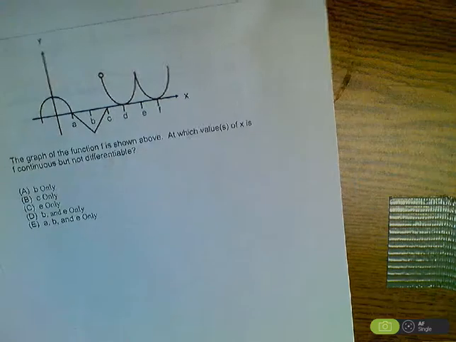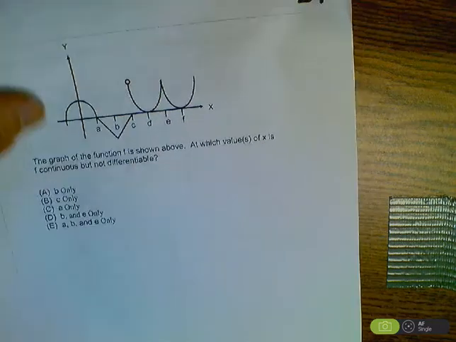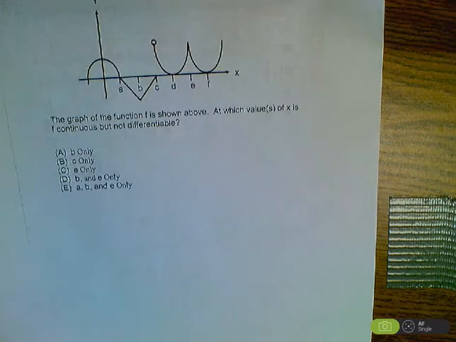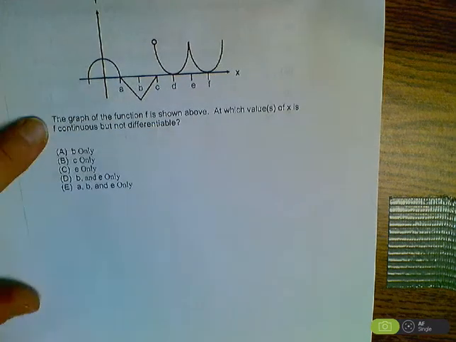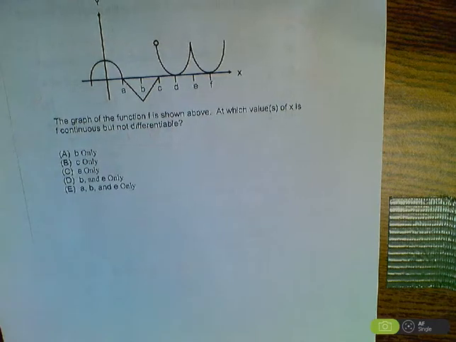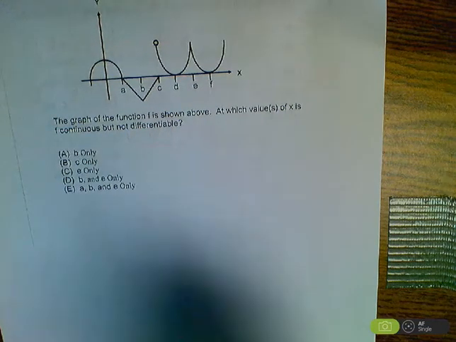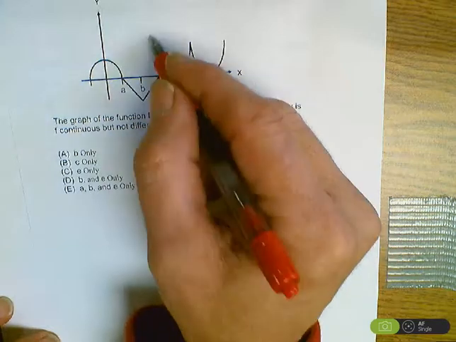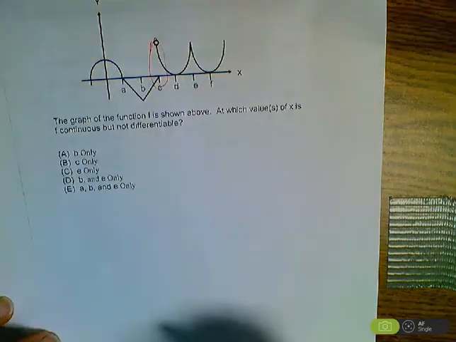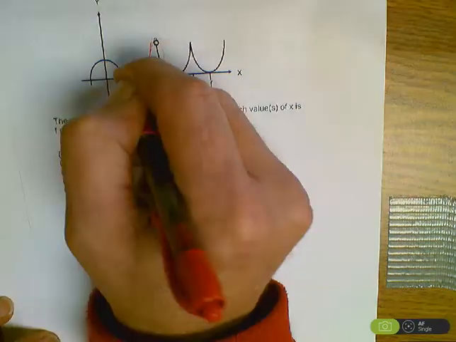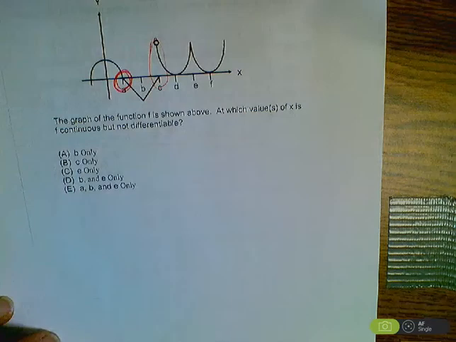24. The graph of the function f is shown above. At which values is f continuous but not differentiable? Okay, it's continuous everywhere except here. But it's not differentiable here because we have a cusp there.